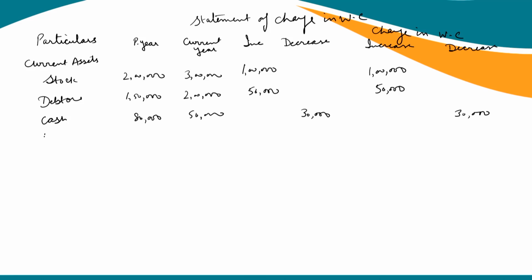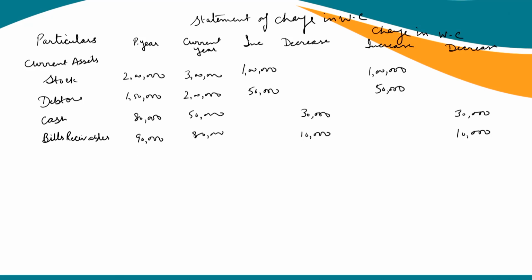Then the next asset available under the heading of current assets is bills receivable, which is 90,000 and 80,000. There is a decrease in the bills receivable of 10,000, meaning there is a decrease in working capital by 10,000.